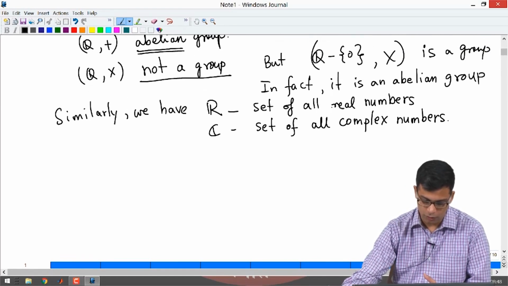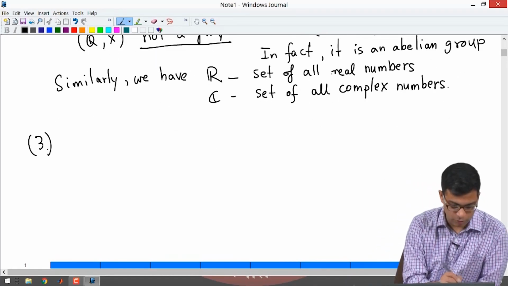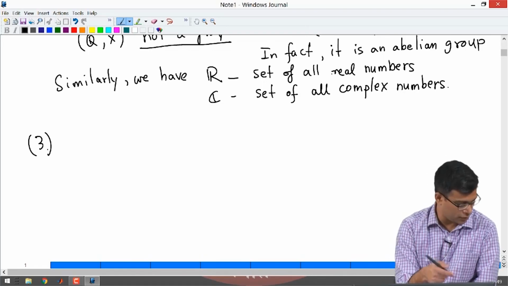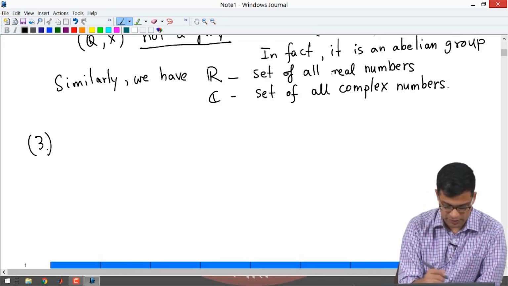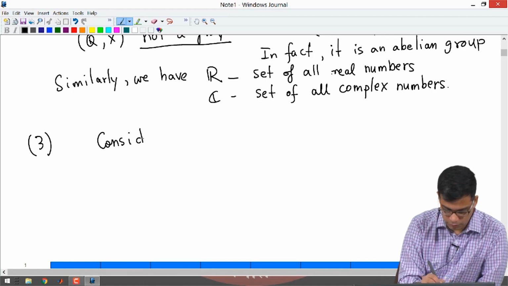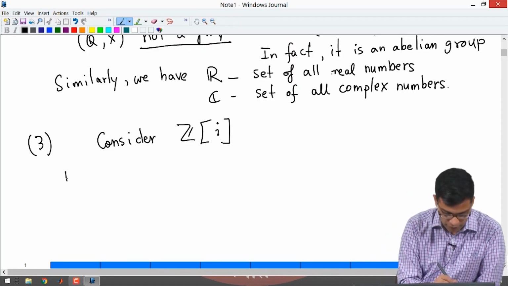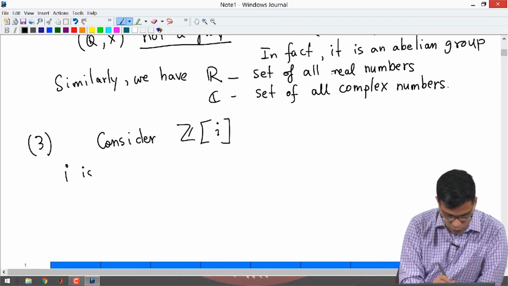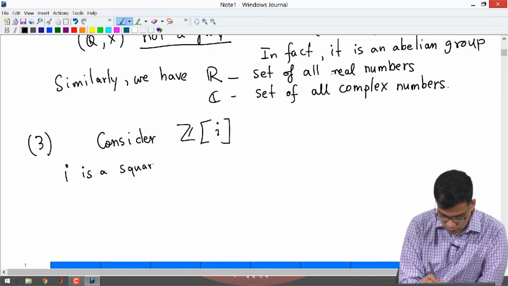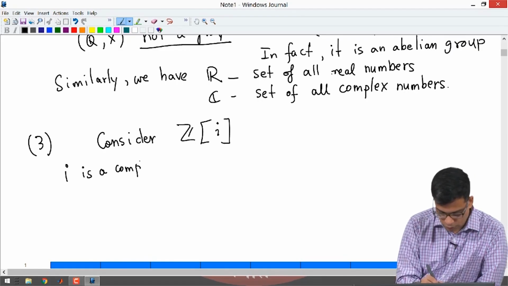Okay. So, now I will do one more example, not so obvious, but we want to discuss this in more detail later on. So, let us look at Z[i], where i is a complex square root of minus 1.